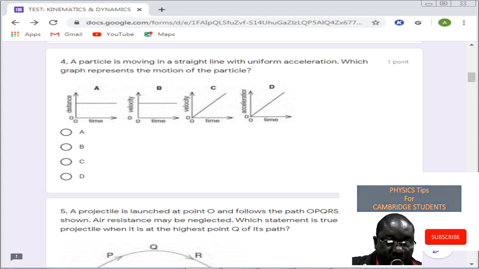So we expect a constant gradient on a velocity time graph. A would mean that the object is not moving because there's no speed there. There's no slope on the distance time graph. This one would mean that there is no acceleration because the gradient is 0. But this one means that the gradient is constant, that is, the acceleration is constant. So that is the correct answer. So the answer is C.